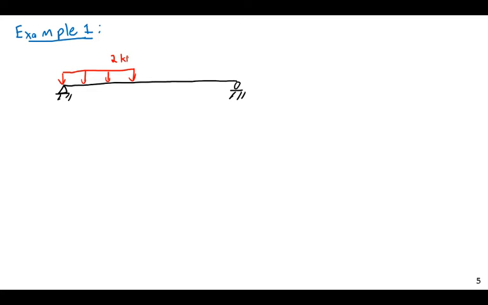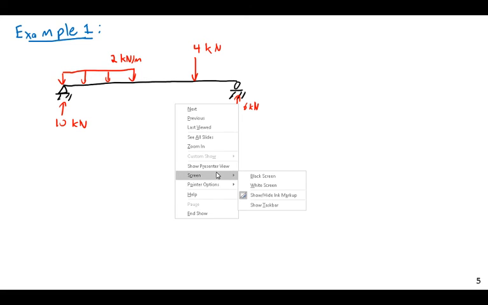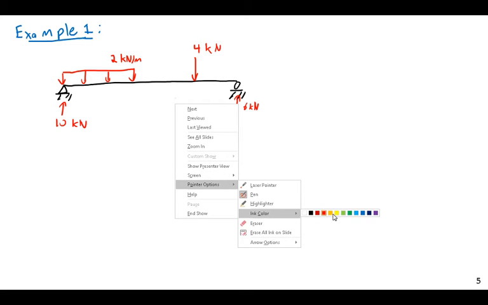2 kilonewtons per meter. I'm given this, and I wasn't given the reactions, but I've solved for them. So this is 10 kilonewtons. 6 kilonewtons. And 4 kilonewtons. And then, let me label some points.